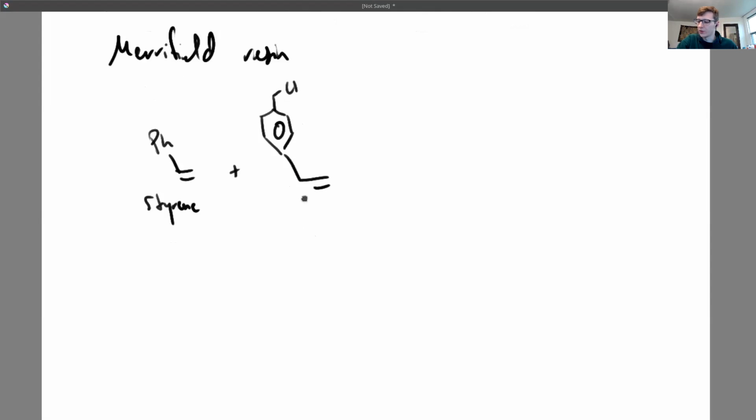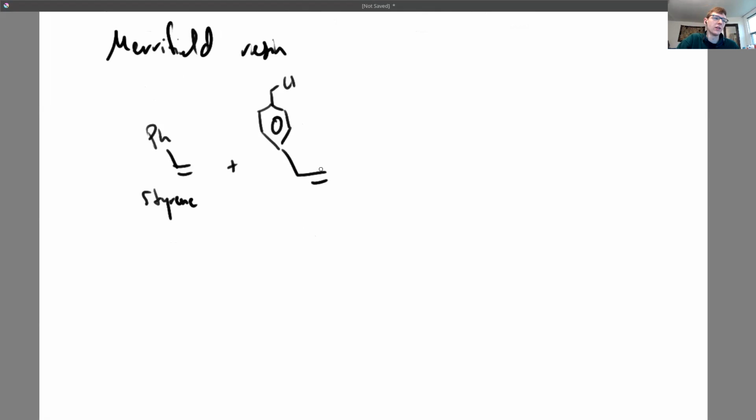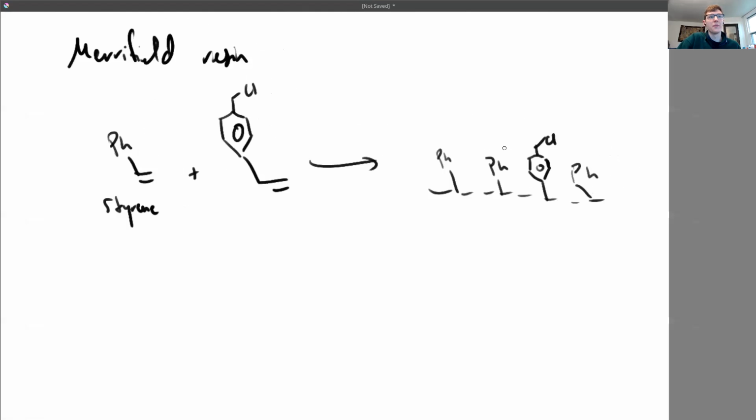This is p-chloromethylstyrene. It doesn't matter, right? The point is that you get this polymer. And then every once in a while you'll get the p-chloromethyl of this polymer, just a small amount because you don't really need much.